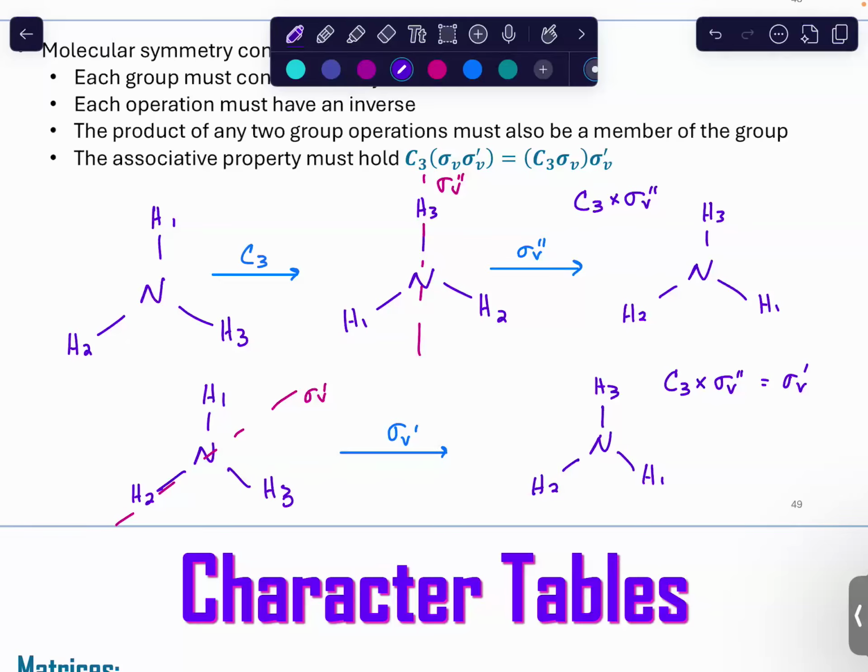When you assign them as sigma V double prime versus sigma V prime, why? So we can differentiate.